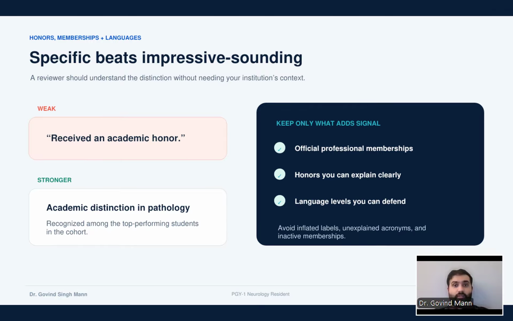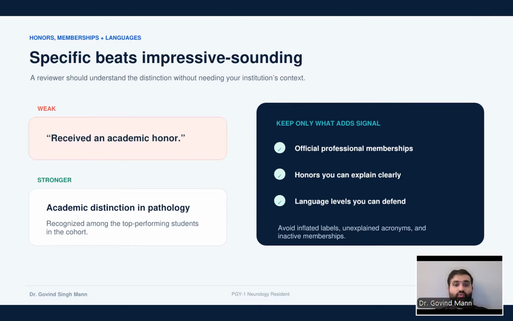As a reader going through thousands of applications, that can be frustrating. But if you write "academic distinction in pathology," that looks nice because I know what it means. It's easy, and I don't have to spend time reading the description. And if I'm interested, I might read that as well. So overall, the presentation here is important.